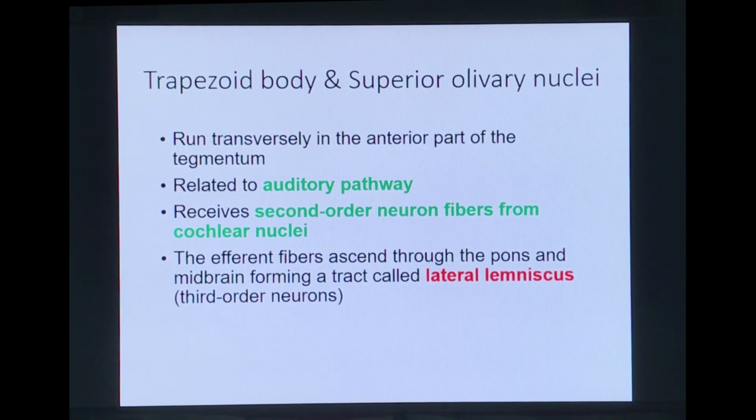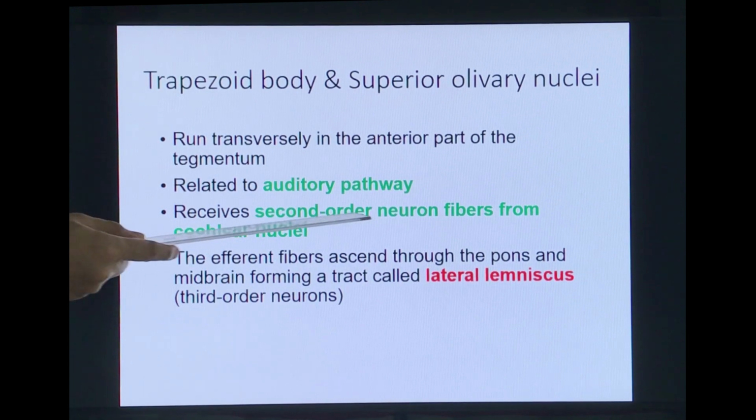Those third order neurons group together to form the lateral lemniscus. The efferent fibers which ascend through the pons and midbrain form a tract called the lateral lemniscus, which is nothing but the third order neurons arising from the trapezoid body and superior olivary nuclei.